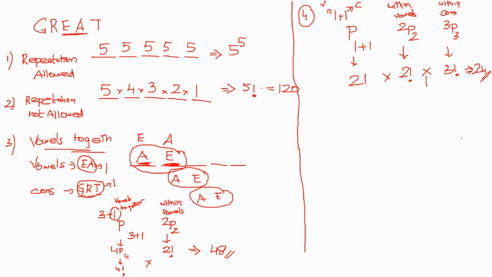Such that vowels and consonants are together. Yeah. So going for the last one, the fifth one. What you're asking is no two vowels are together.